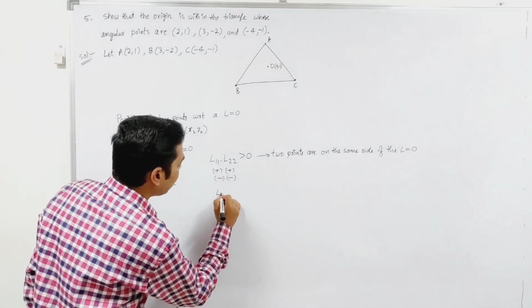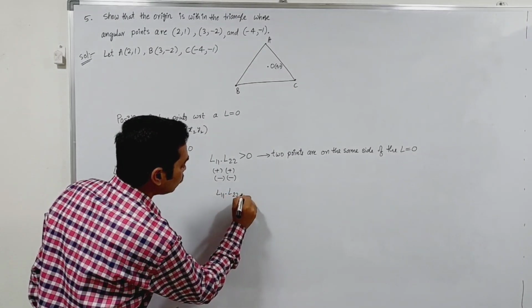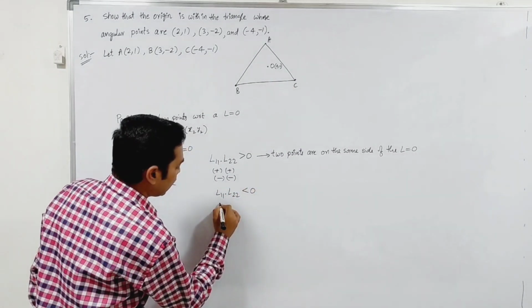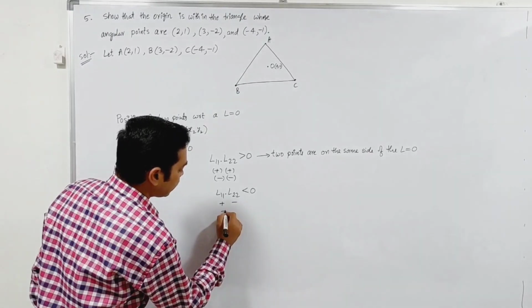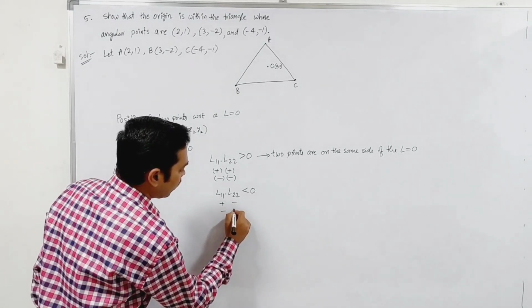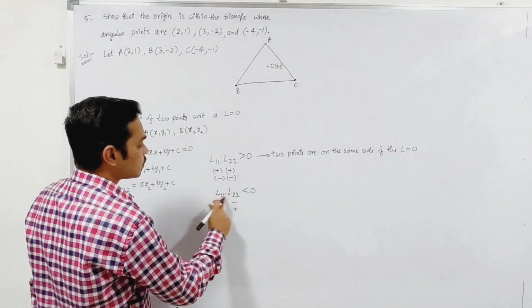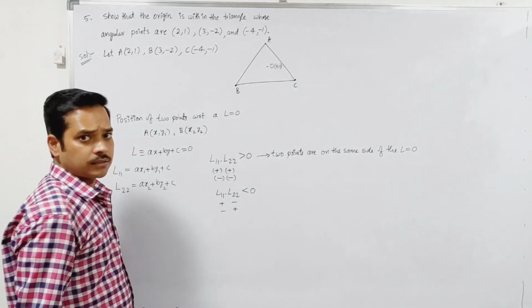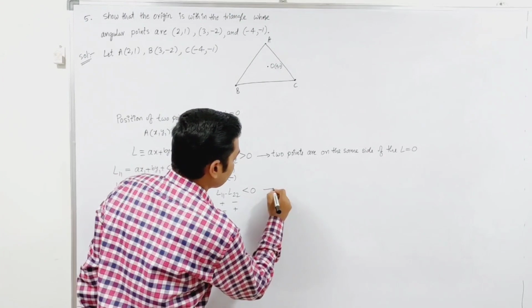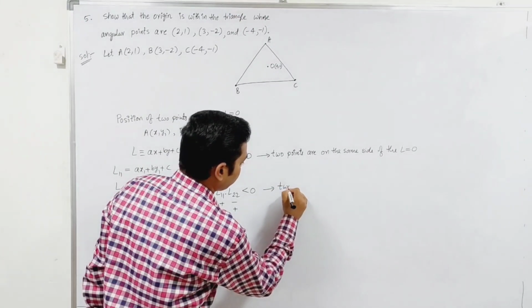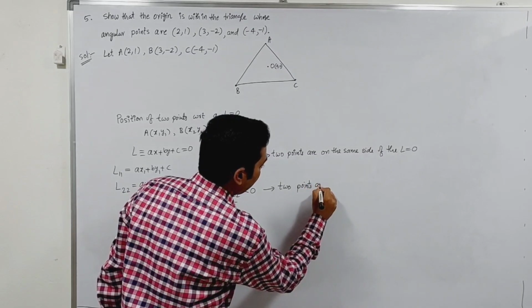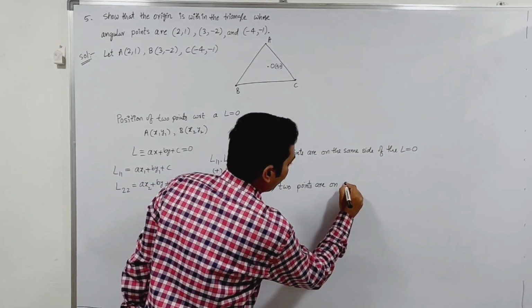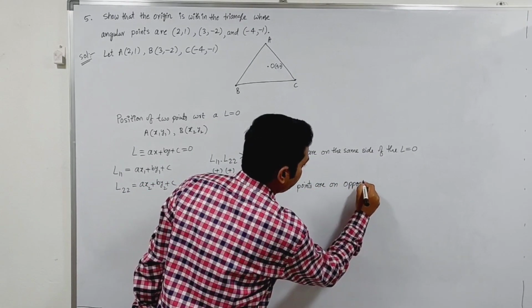If L11 into L22 is less than 0, that means L11 is positive and L22 is negative, or L11 is negative and L22 is positive. In that case, the product of these two values is less than 0. That means the given two points are on opposite sides of the given line.